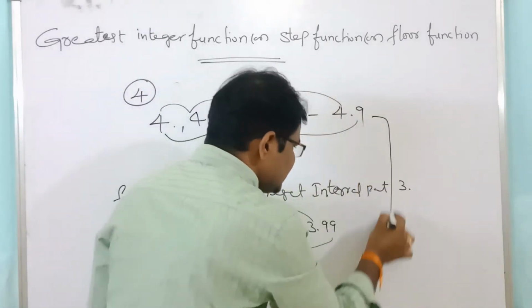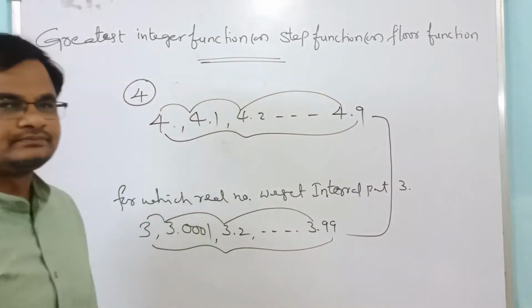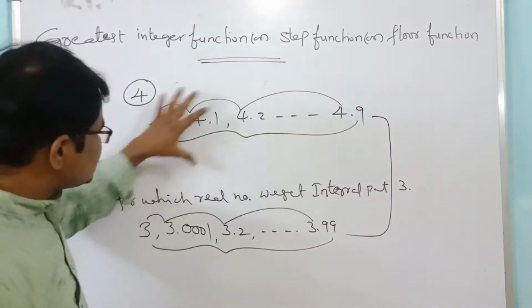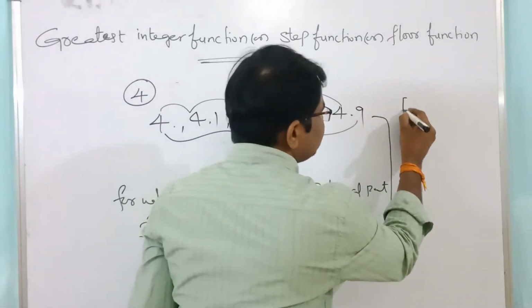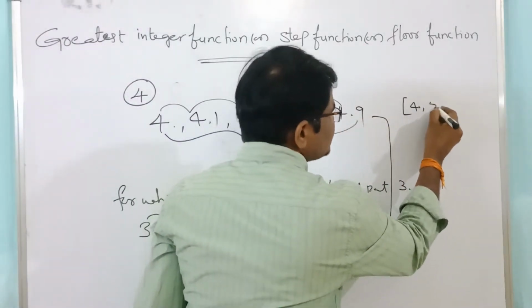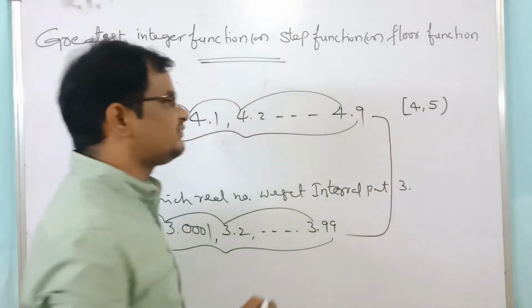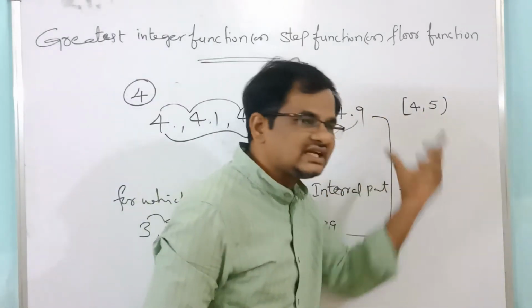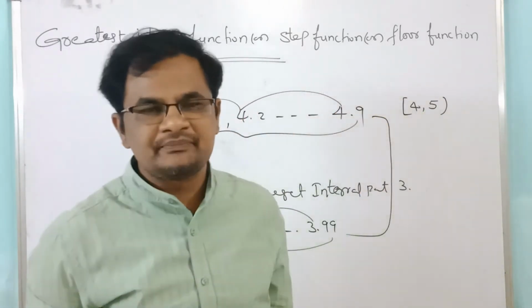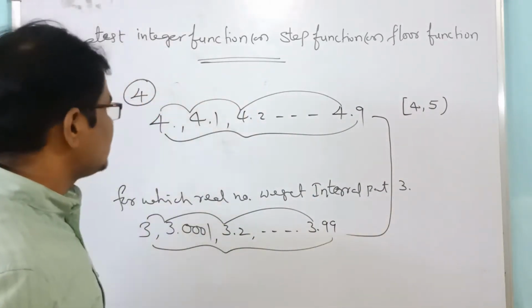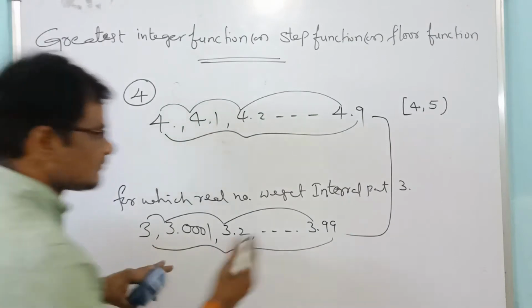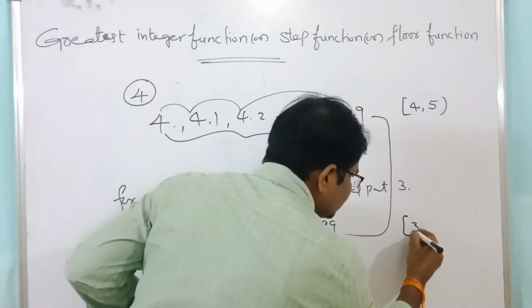So observe these two examples carefully. These real numbers are in the form of the interval closed 4 to open 5. From this interval, any real number you take, the integral part is 4 only.